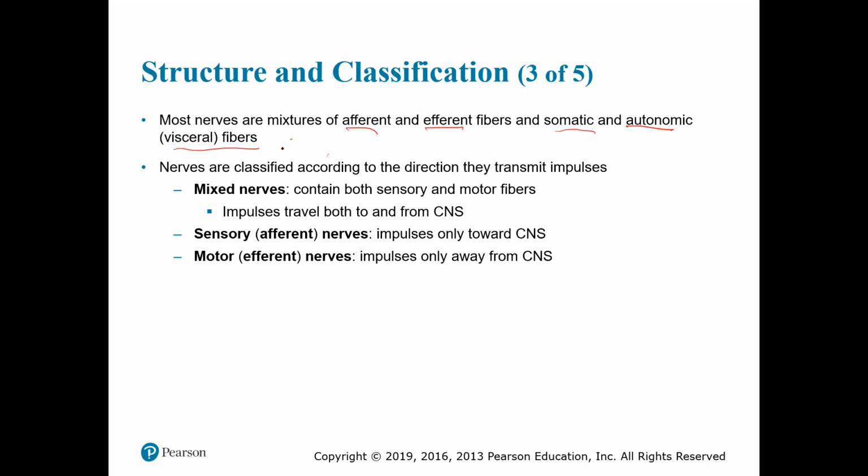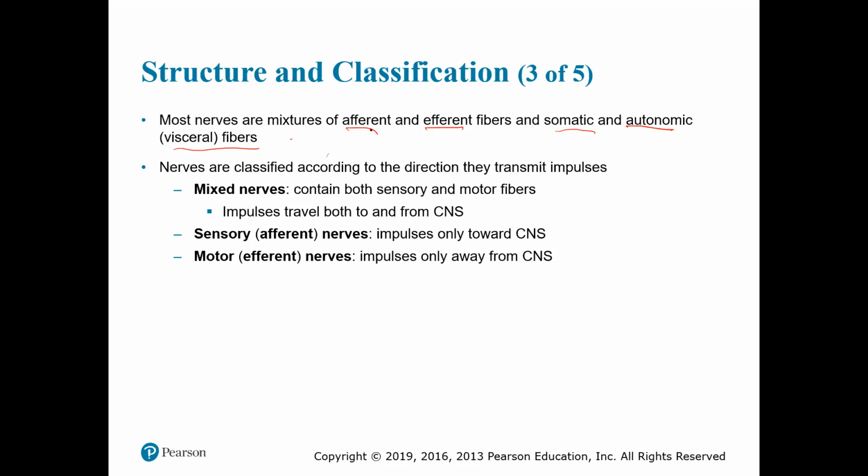The parasympathetic nerves mostly are the cranial nerves and sacral nerves. So the sympathetic nervous system has paraspinal or paravertebral nerves, and the parasympathetic is craniosacral.